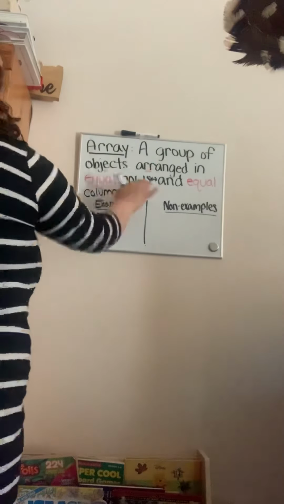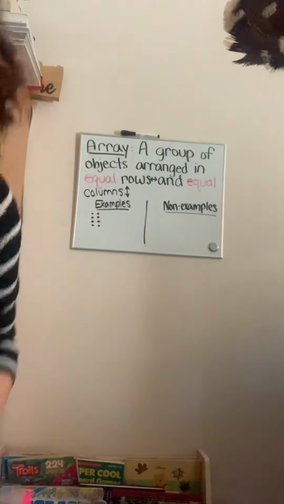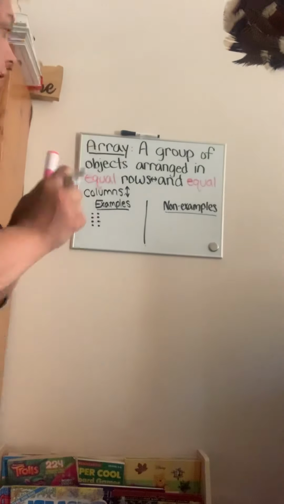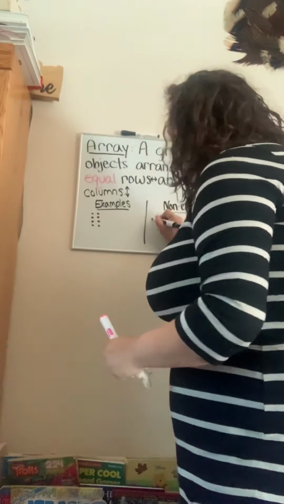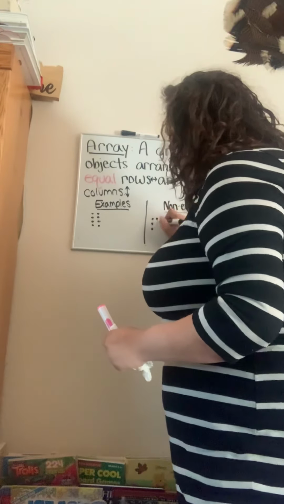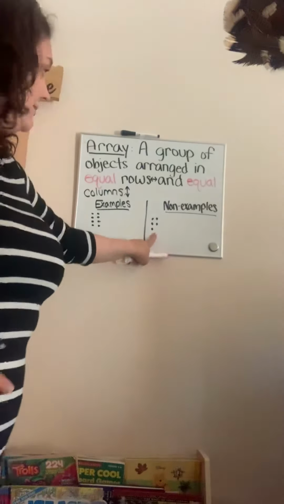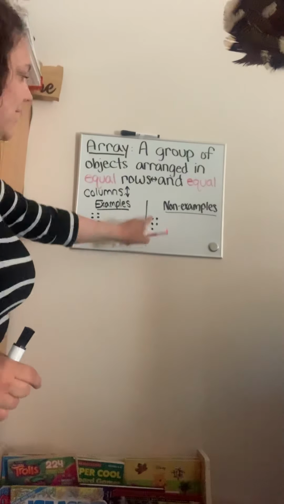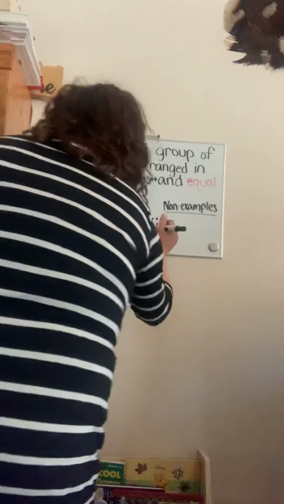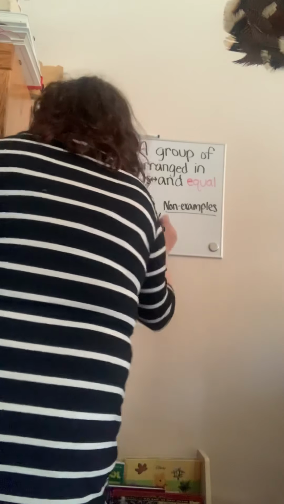But the biggest part of an array is it needs to be equal columns and equal rows, which means if I have 1, 2, 3, 1, 2, this right here, it's not an array. It's not equal. 1 column has 3 and 1 column has 2. So it does not count.